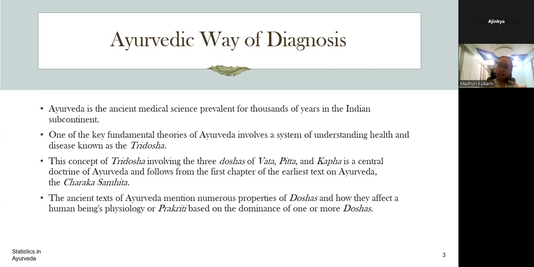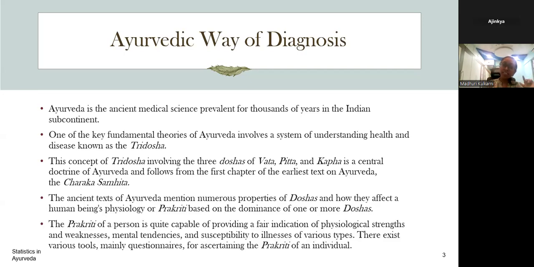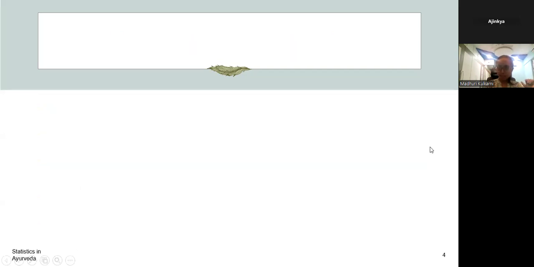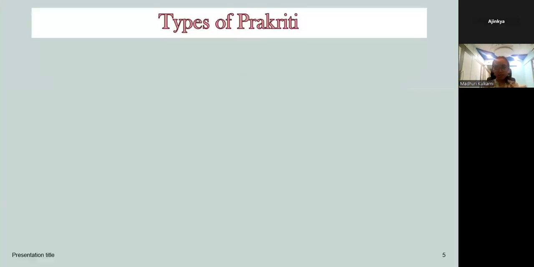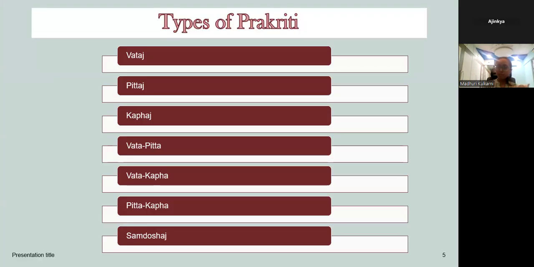Now, as per an ancient text, Charak Samhita, the Prakriti can be determined. These 3 doshas, Vata, Pitta, Kapha, are the 3 major elements, but these aren't enough. Their combinations also help in classifying. So these are the 7 types of Prakriti. Only 7.